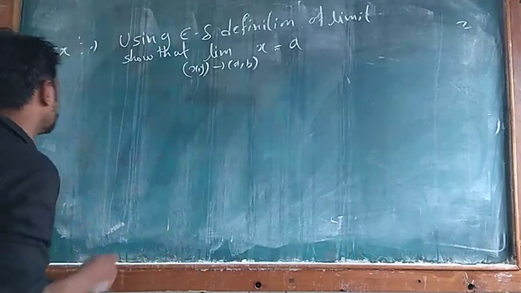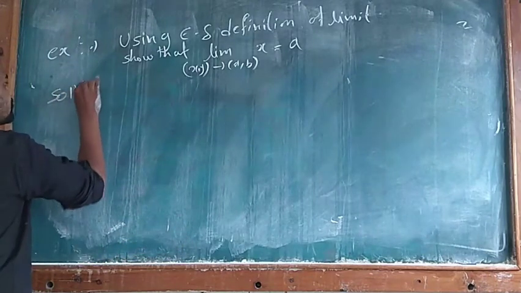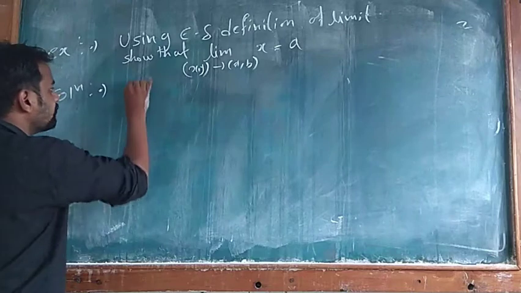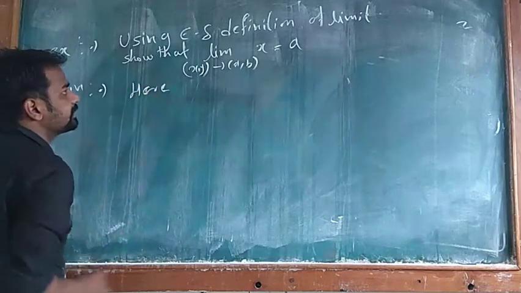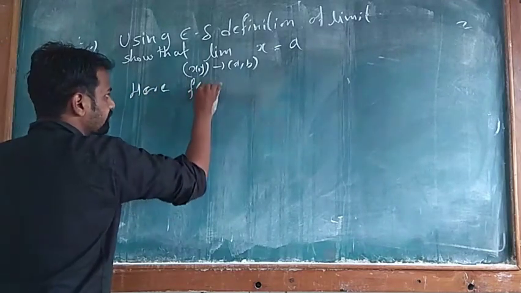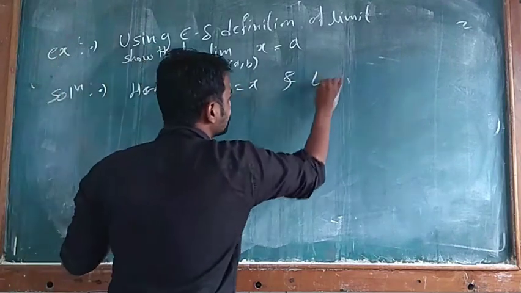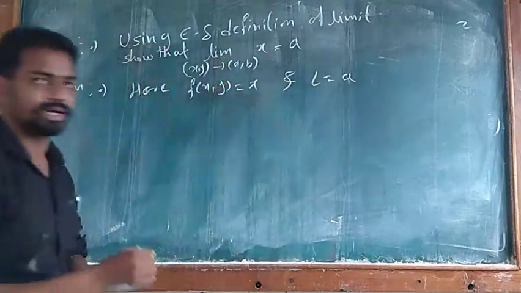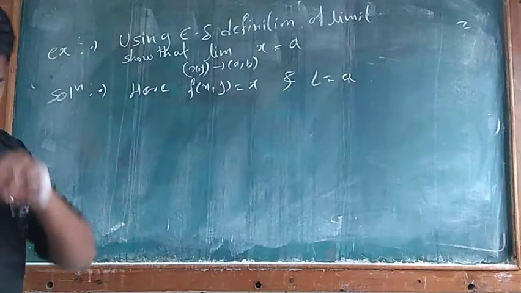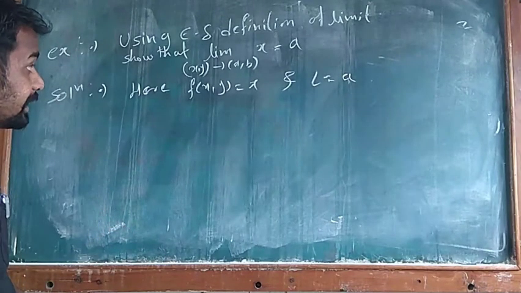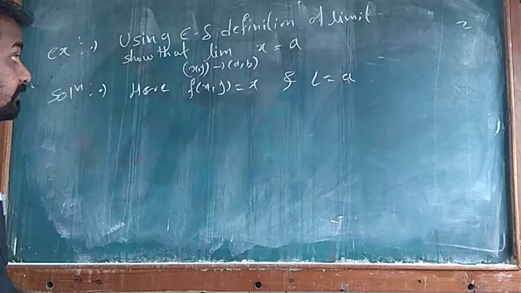Okay, so we have a solution. Here, given is f of (x, y) equal to x and L equal to a.